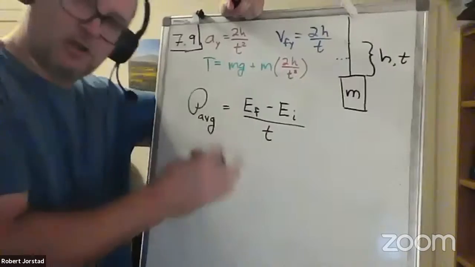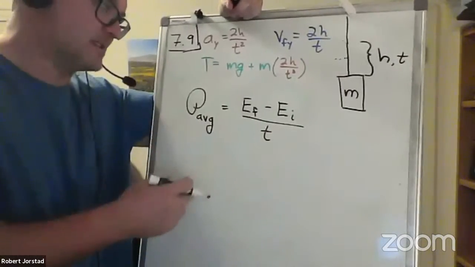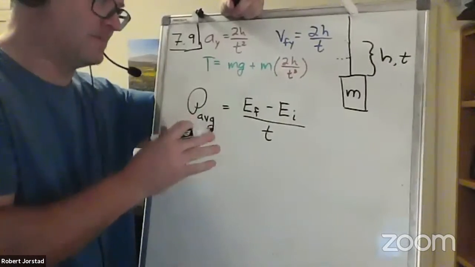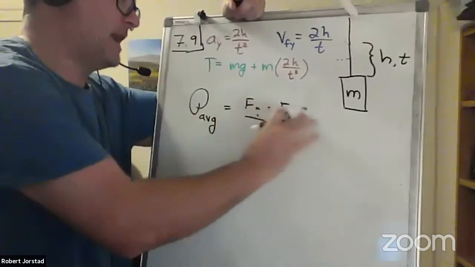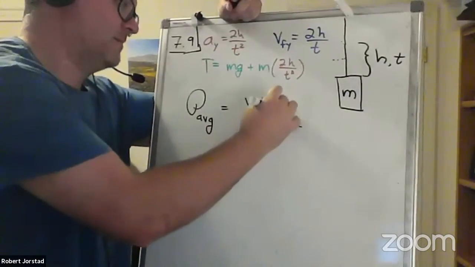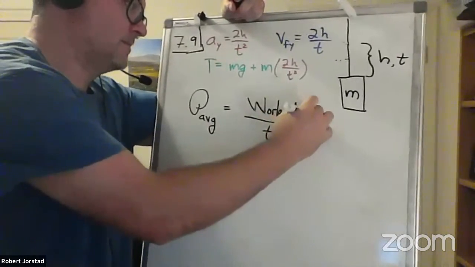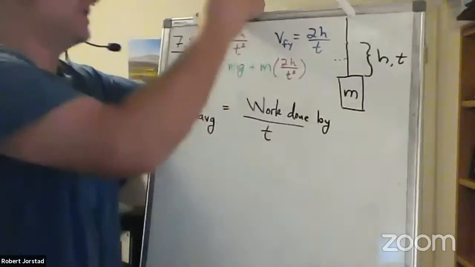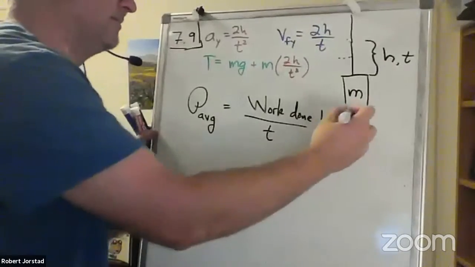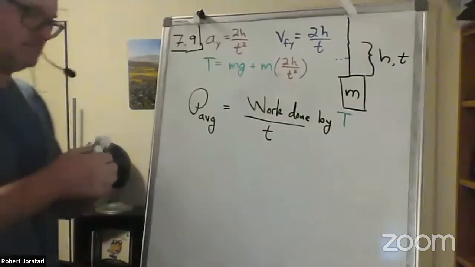Because as we'll learn in chapter 8 in a few minutes, this change in energy is a little bit subtle to talk about. So for now, how about I write it like this? Let's say this is work done by tension. And this is probably the better way to do it.